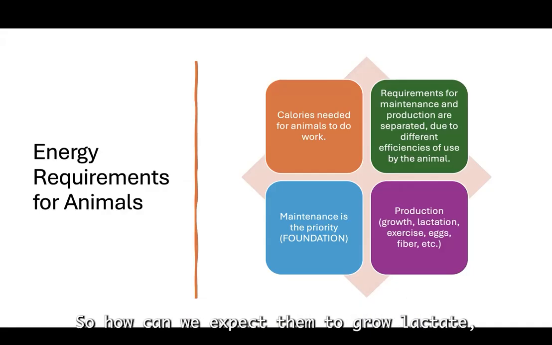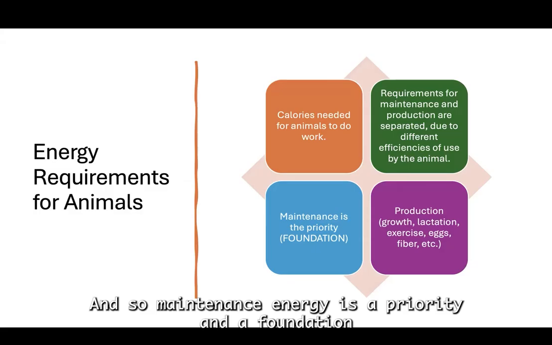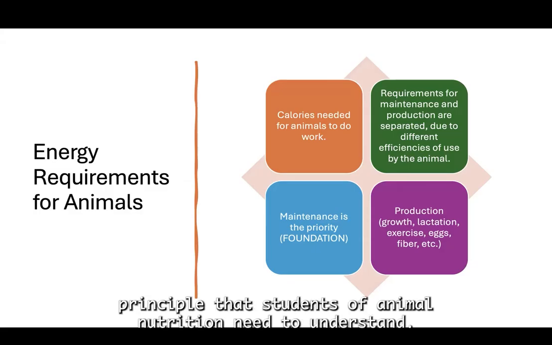So how can we expect them to grow, lactate, run fast, work livestock, whatever the case may be? And so maintenance energy is a priority and a foundation principle that students of animal nutrition need to understand.